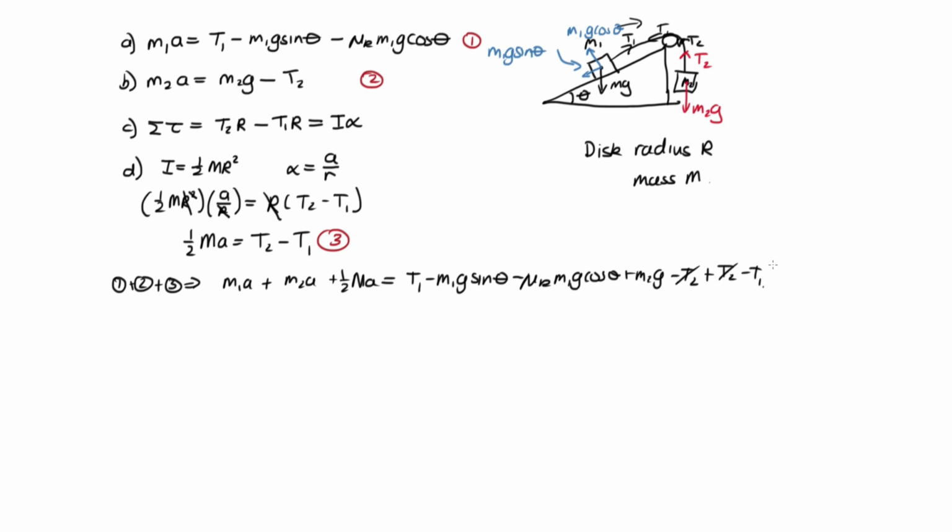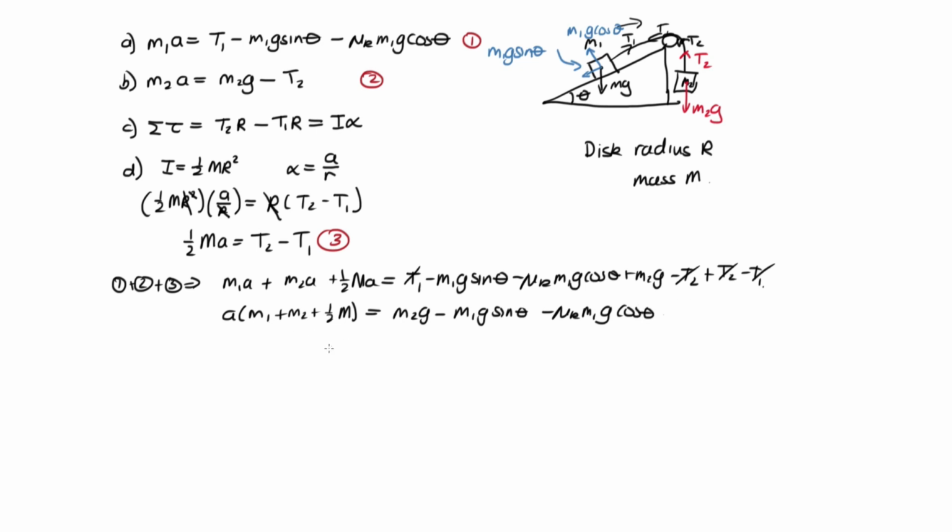So these tensions all cancel out, and we can pull the acceleration out as a common factor. So we have a times (M1 plus M2 plus a half M) is equal to M2g minus M1g sin theta minus mu_k M1g cos theta.